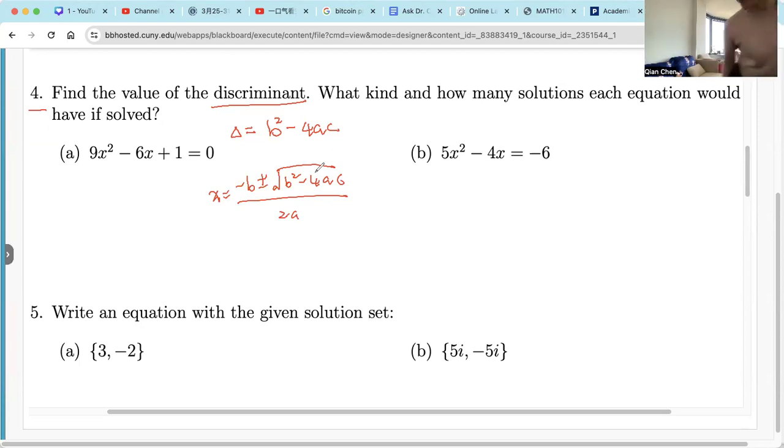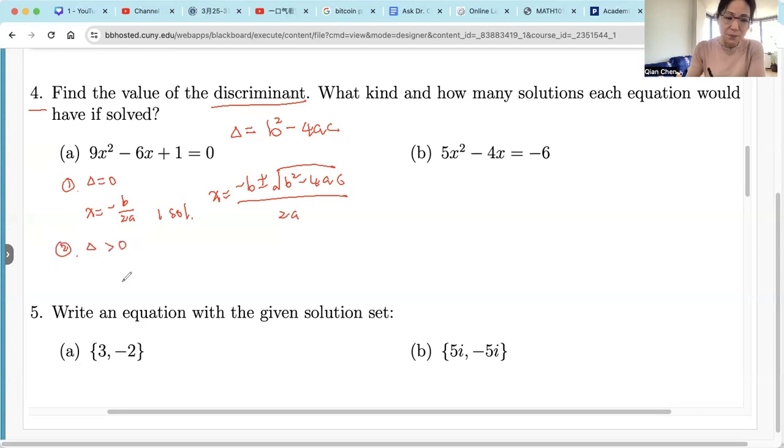The first case is this discriminant being 0. Well, if this part is 0, we see x equals negative b over 2a, right? Basically, that's the x value of the vertex. So only 1 solution.